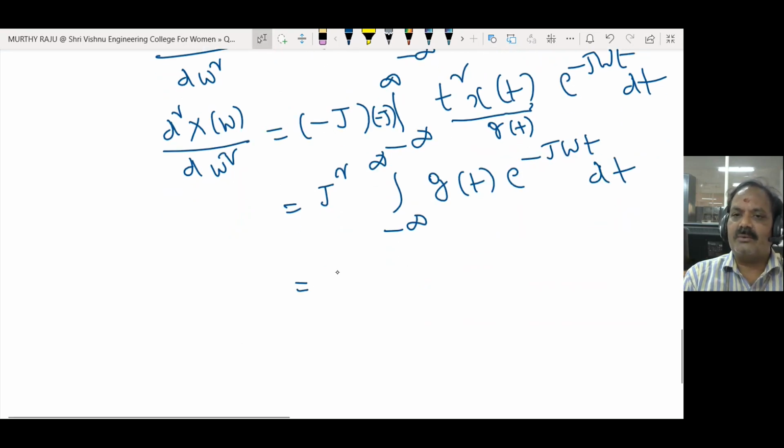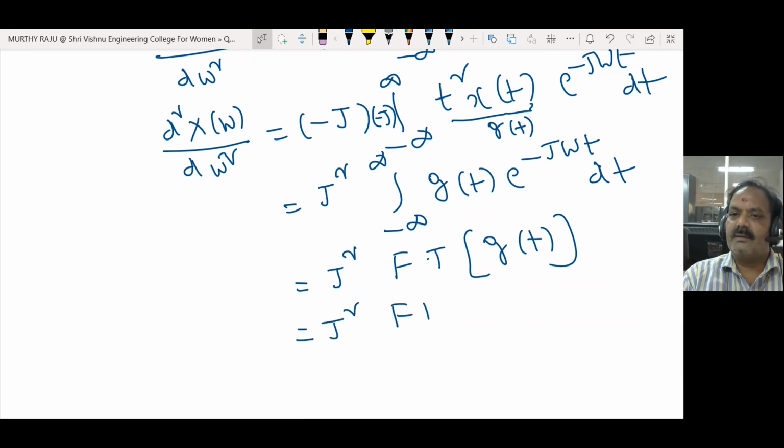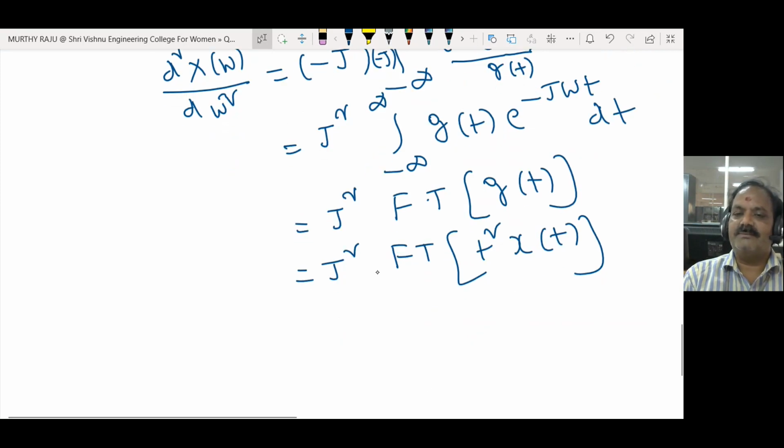That is equal to j square times the Fourier transform of g of t. The Fourier transform of g of t is t square x of t.